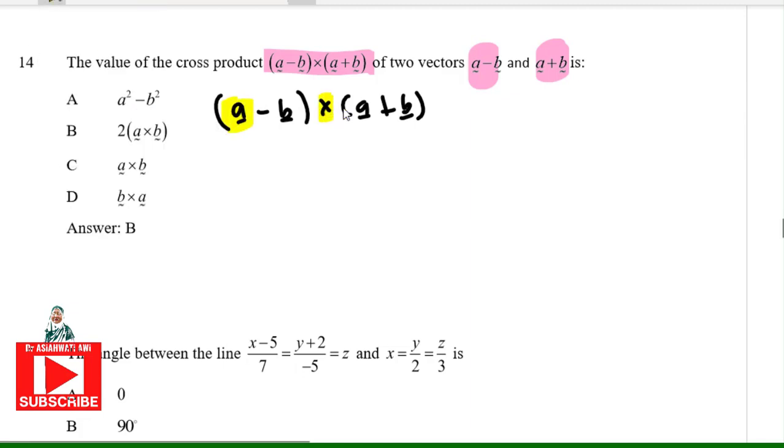A cross this one: a cross a plus vector b.